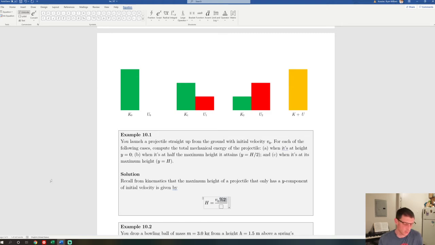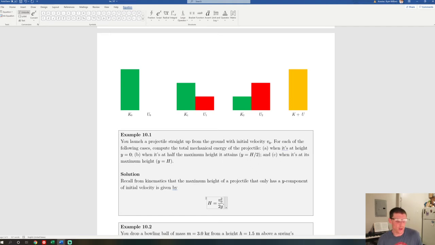It's the initial speed squared over double the gravitational acceleration, and this is a result we're going to need here.